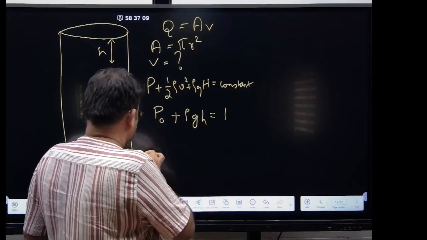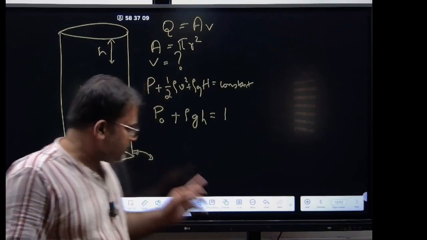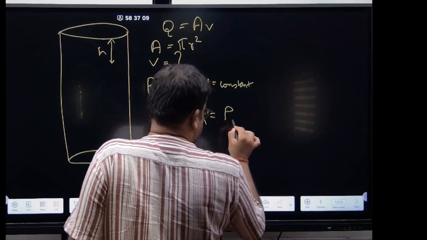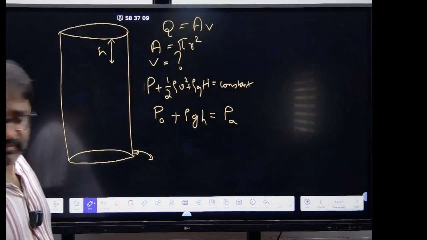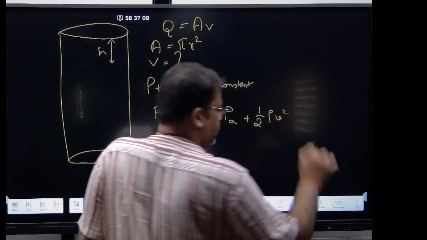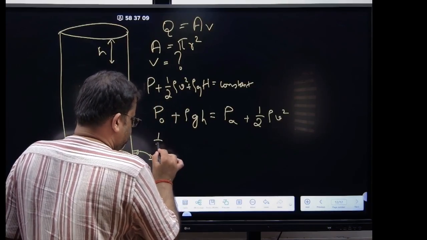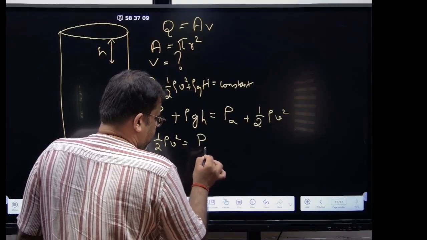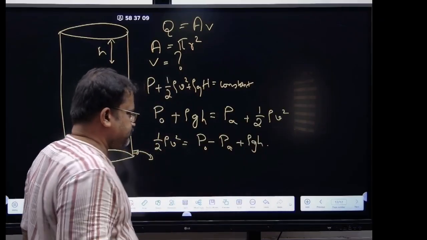the other point, at the atmosphere, where the liquid is coming out. In that condition, we have P as PA, the atmospheric pressure, plus half rho V square, where V is the velocity. Now from this we can write half rho V square equal to P naught minus PA plus rho g h.